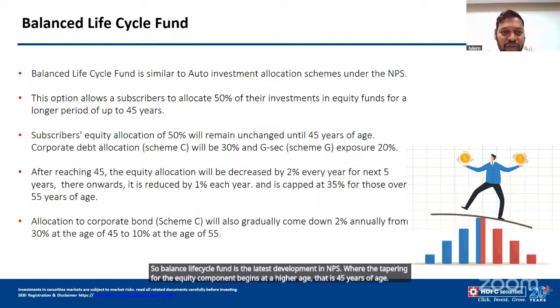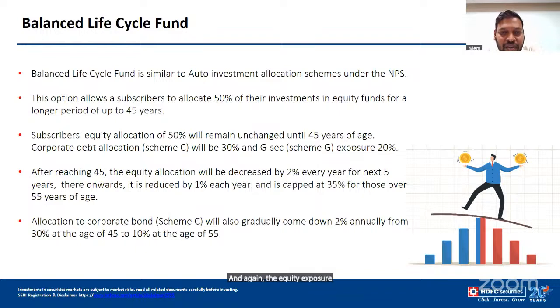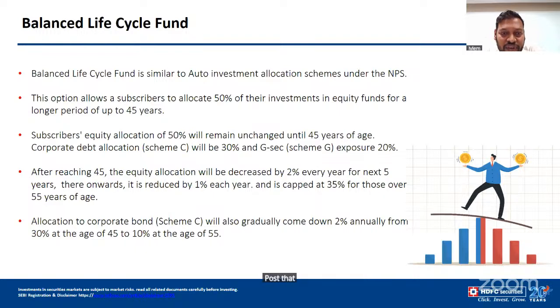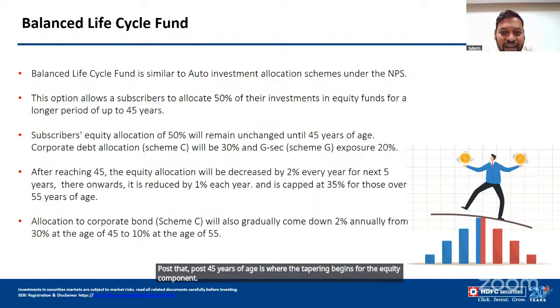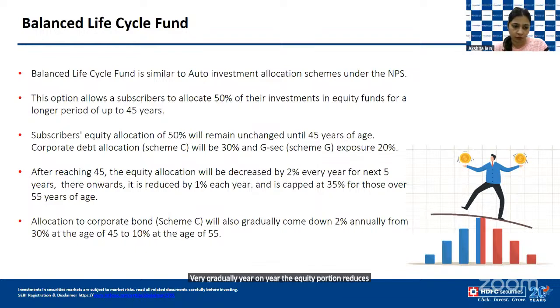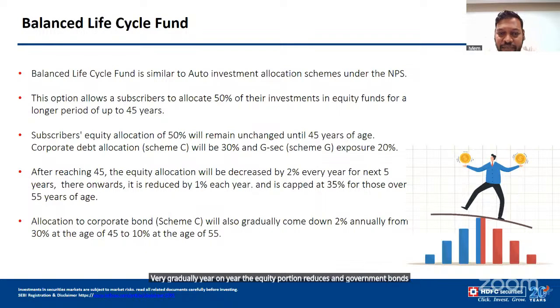And again, the equity exposure remains higher up to 45 years of age, where it is up to 50%. Post that, post 45 years of age, is where the tapering begins for the equity component, where gradually, year on year, the equity portion reduces and government bonds increase.